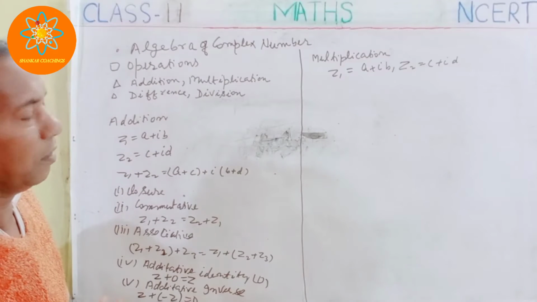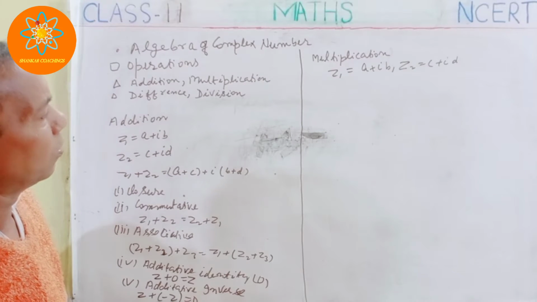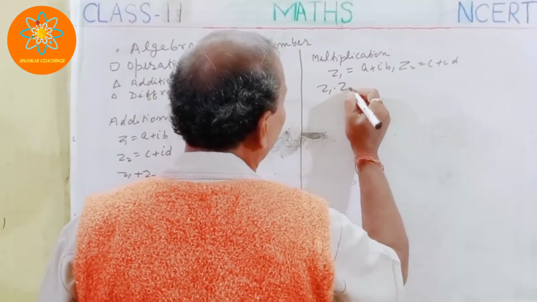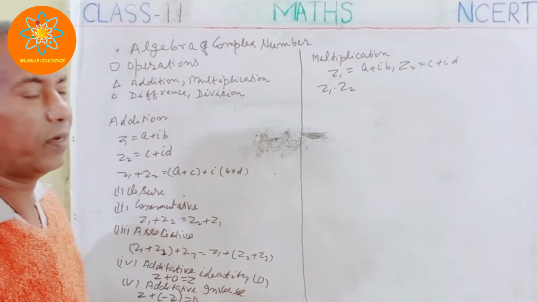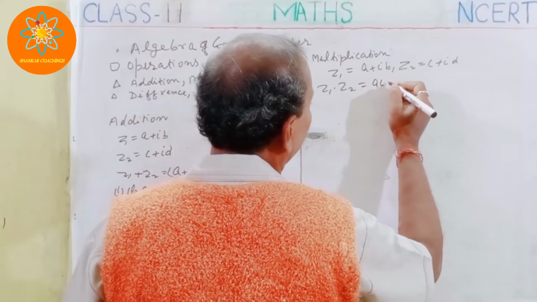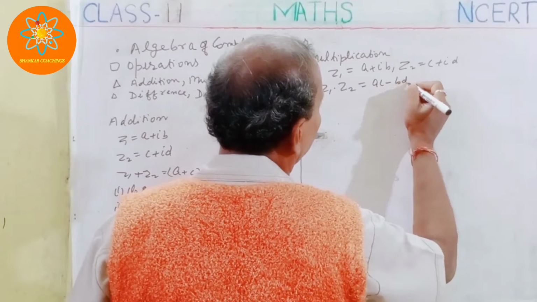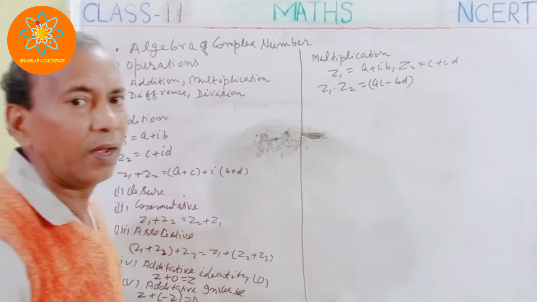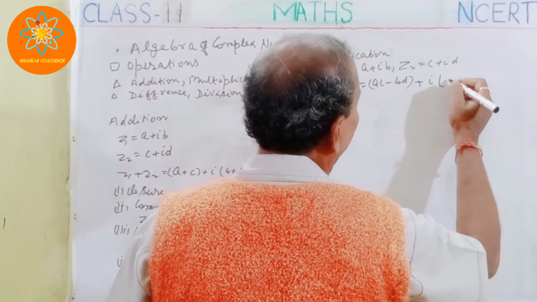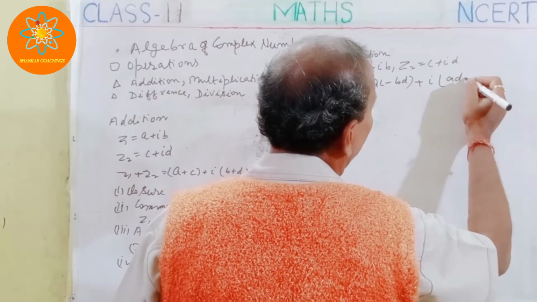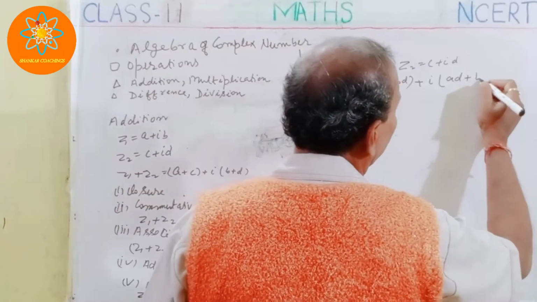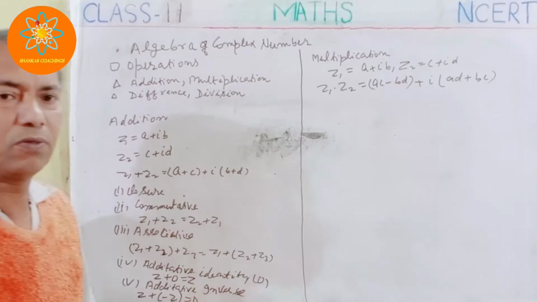If I want to multiply these two complex numbers, that is, I want to find z1 into z2, how will I find it? Its value will be (ac minus bd) plus i(ad plus bc). So this is the value of z1 into z2.